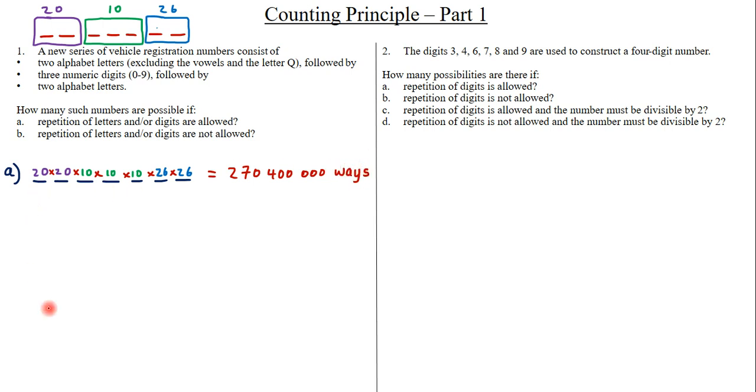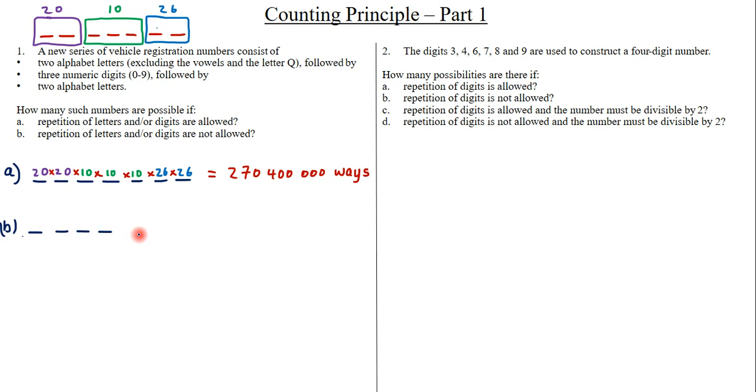All right, so now we can go into the next question. The next question is saying again, how many such numbers are possible if the repetition of letters and/or digits is not allowed? So what happens when you don't repeat something?